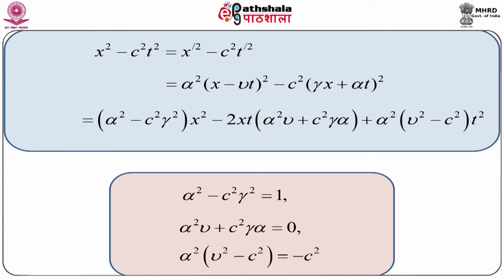Comparing the coefficient of the product term, we get alpha square into v plus c square into gamma into alpha equal to 0, since on the left hand side there is no product term of x and t. Comparing the coefficient of t square, we get alpha square into v square minus c square equal to minus c square. We get this equation.